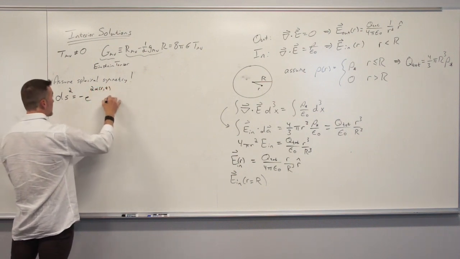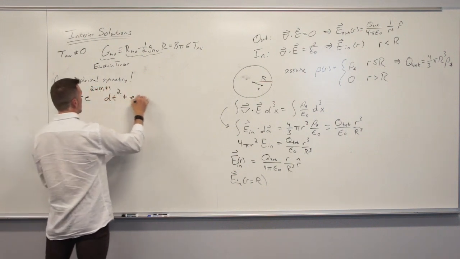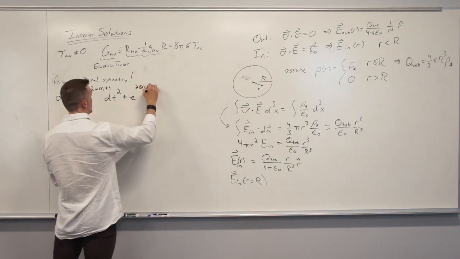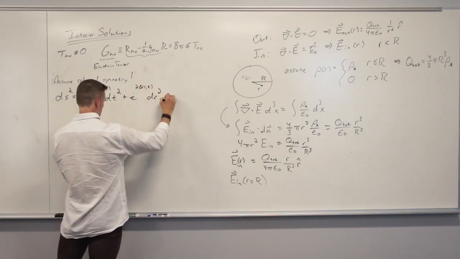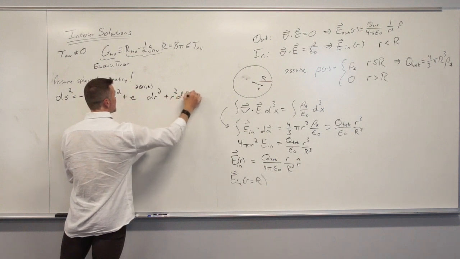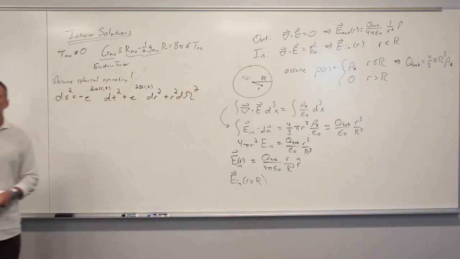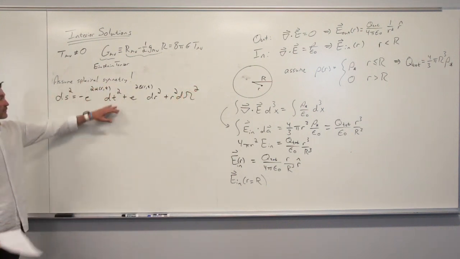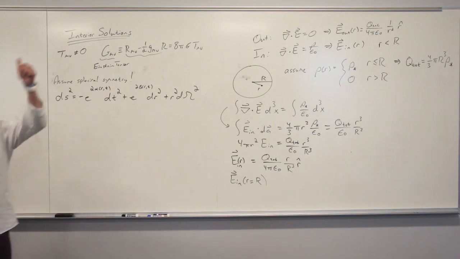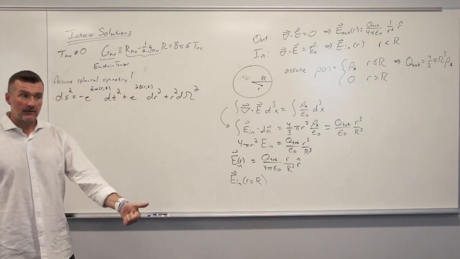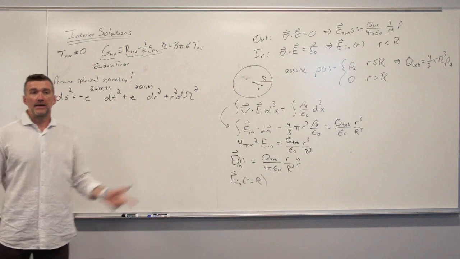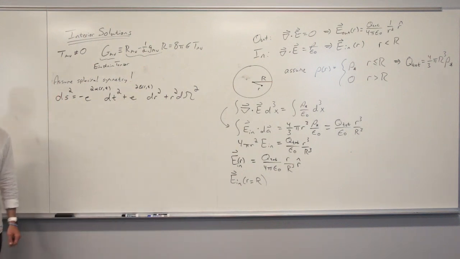And this was literally our starting point today. Because to get the metric from its 10 unknown functions of 4 coordinates down to this form only required spherical symmetry and just making use of coordinate redefinitions. Okay?